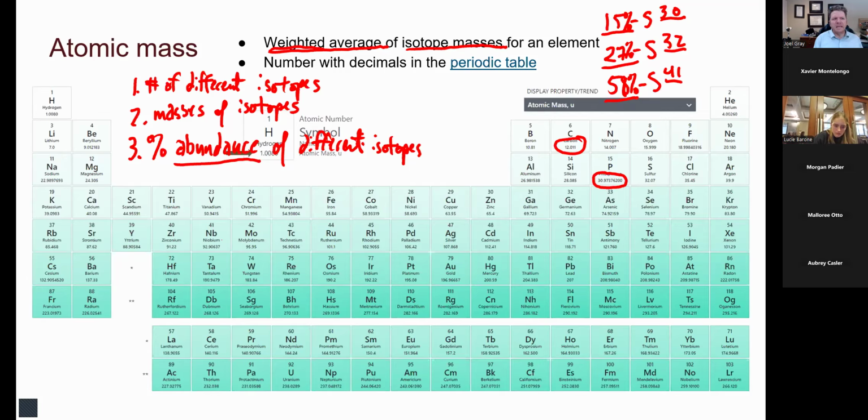I'm going to convert that 15 to 0.15, and I'm going to put that in parentheses. Next to that, I'm going to put the mass of that specific isotope. What's the mass of the isotope that is 15% of the overall share? 30.